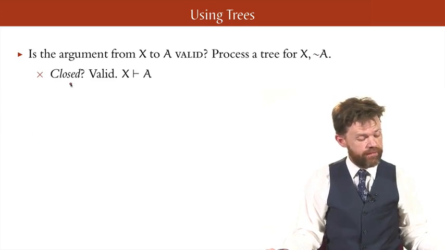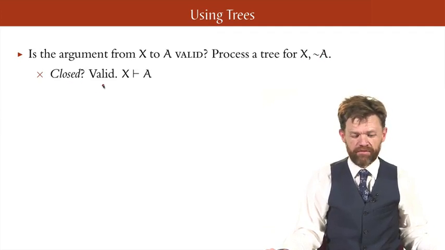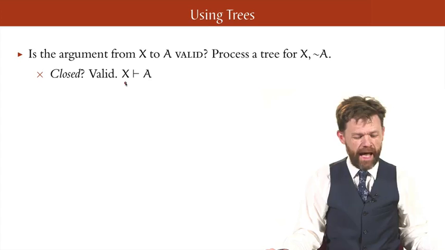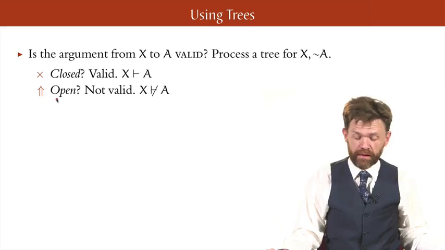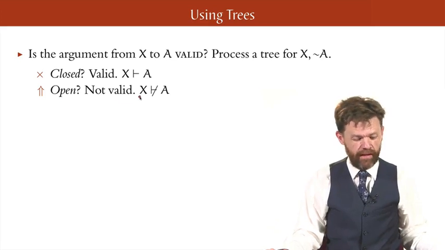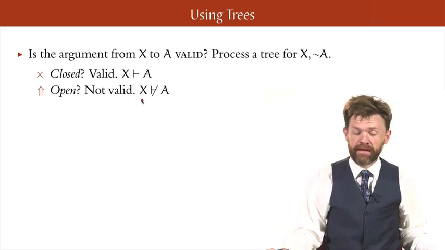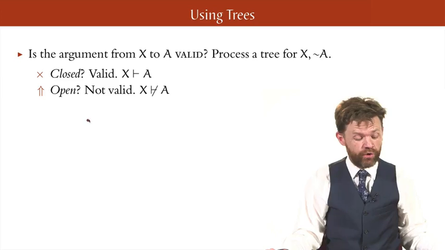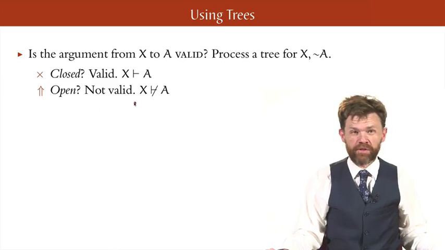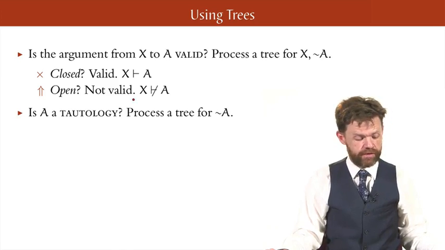If the tree is closed, the argument is valid, and that's where we write X turnstile A to say that that argument is valid, and we proved so using a tree. On the other hand, if the tree stays open, the argument is not valid, and we write down X slashed turnstile A to say that the argument is not valid, and we could use this open branch to construct a counter model, a model which makes the premises true and the conclusion false.